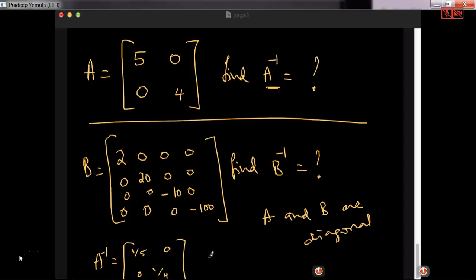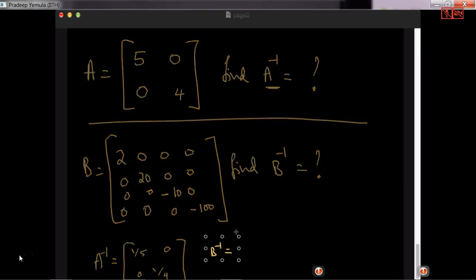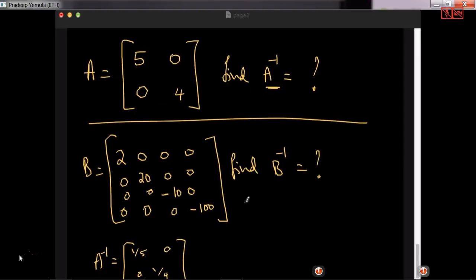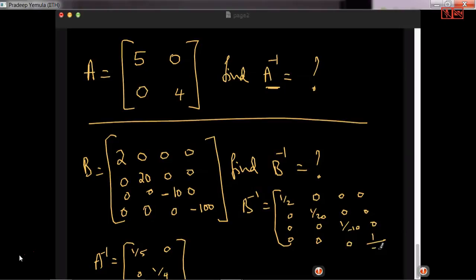Similarly, B inverse will be nothing but, let me write it here. So B inverse is nothing but 1 by 2, 0, 0, 0, 0, 0, 0, 1 by 20, 0, 0, 0, 0, 1 by minus 10, 0, 0, and 1 by minus 100.